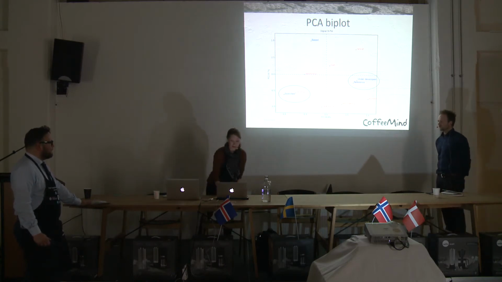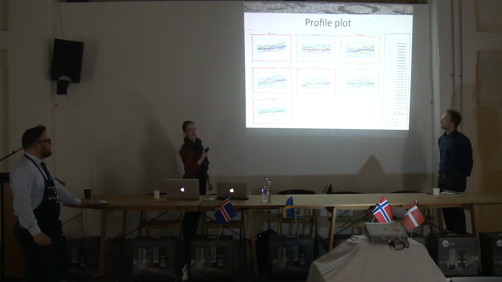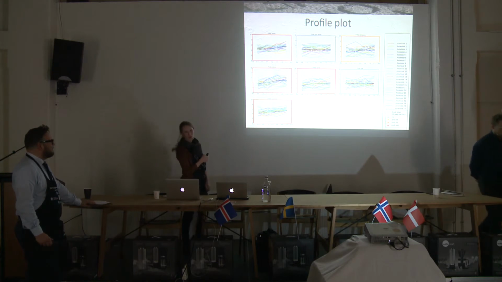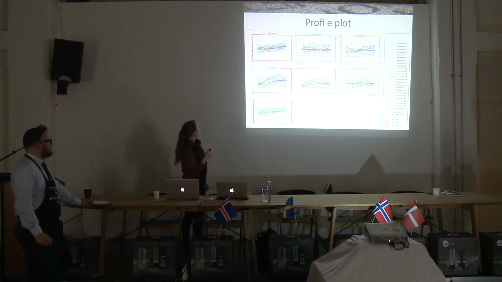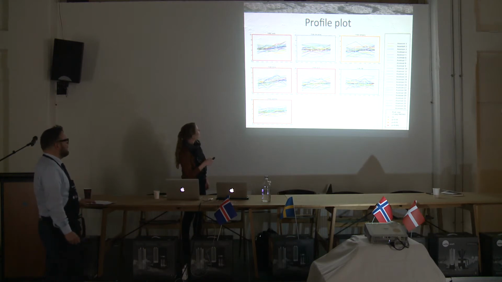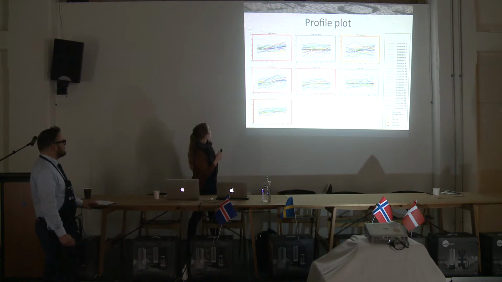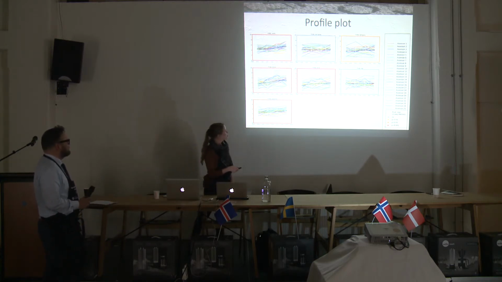Then I'll show the profile plot that I also showed you earlier. As you can see, you were a bit afraid of using the scale. You were rating from 2 to 6 in almost all the attributes. The black lines are the error rates, and the frame tells us whether it's significant.